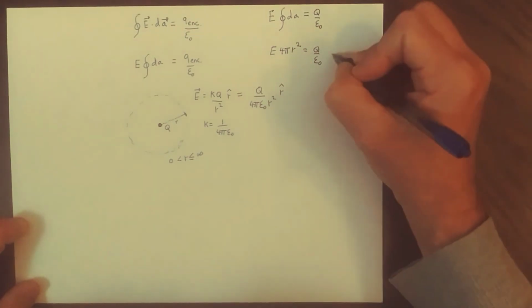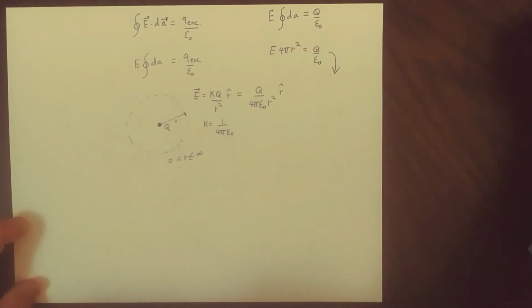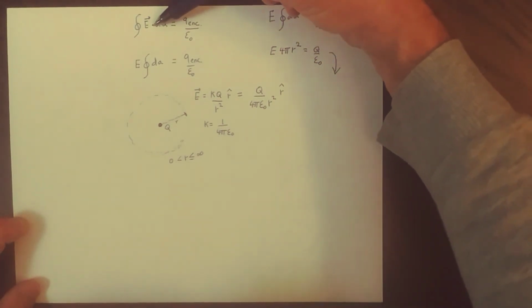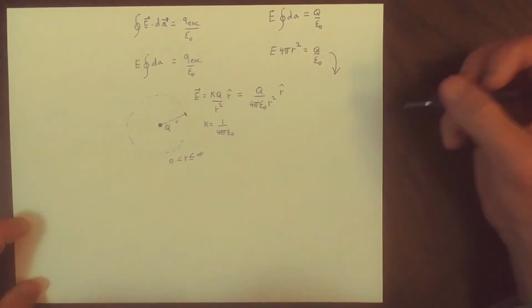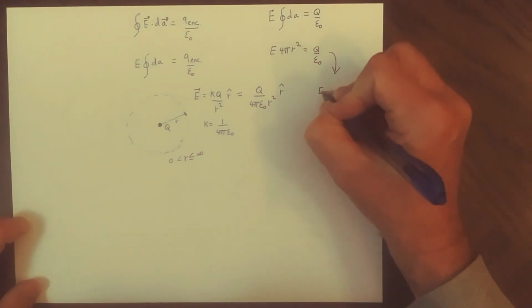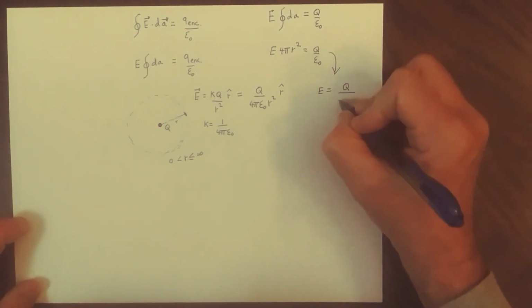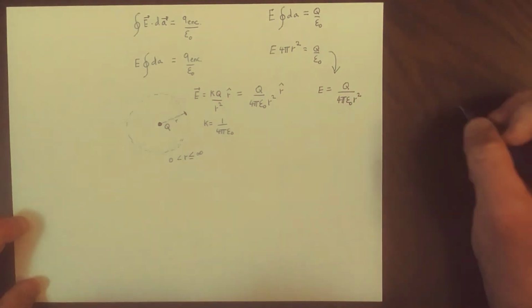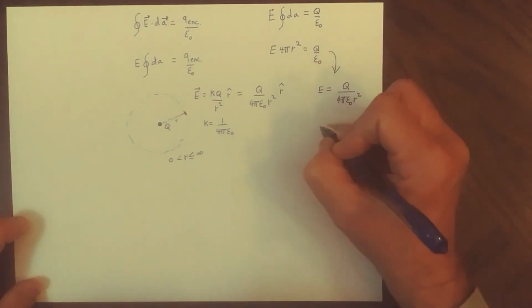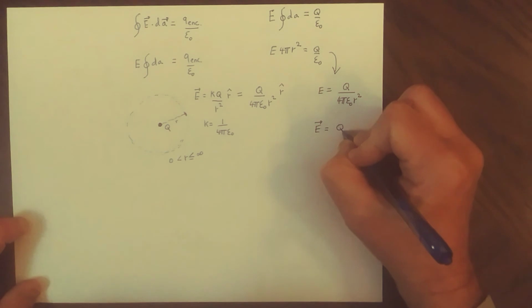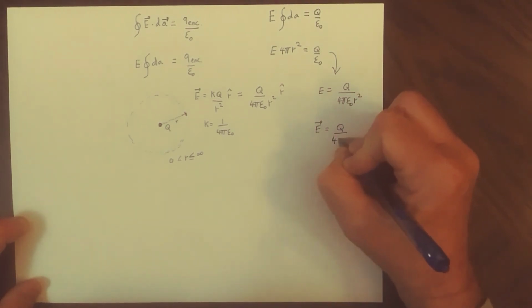And so this gives us the magnitude of the electric field, because we turned vectors via the dot product into a scalar, and so these are the magnitudes. We get E in magnitude is equal to Q over 4 pi epsilon naught r squared, and we then turn it back into a vector by putting an arrow on the E and associating a unit vector with this magnitude.